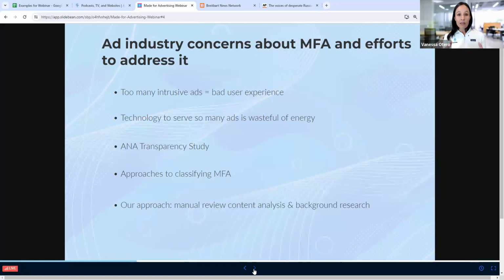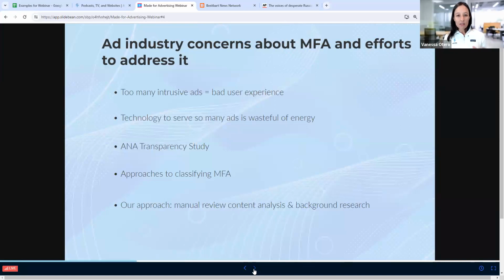So lists of made for advertising sites are sometimes 1,000 or 2,000 or 4,000. There's likely a lot more out there that are truly made for advertising sites. And just detecting them by ad load isn't going to catch all of them. And sometimes trying to catch them by ad load by itself is going to create some false positives. So I'll show you some examples of that.